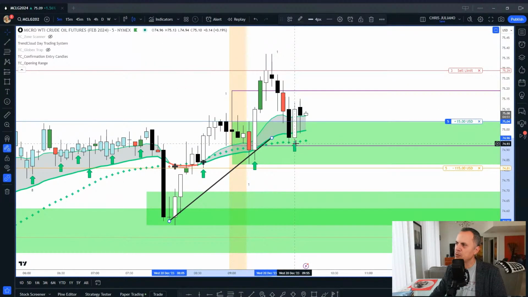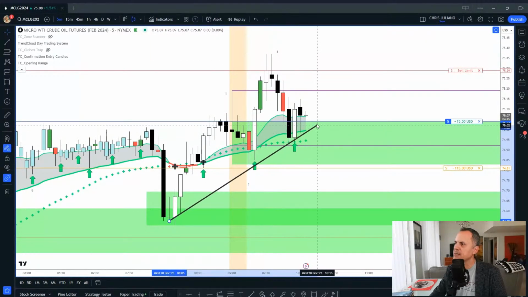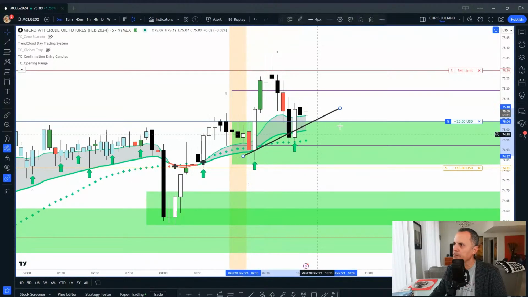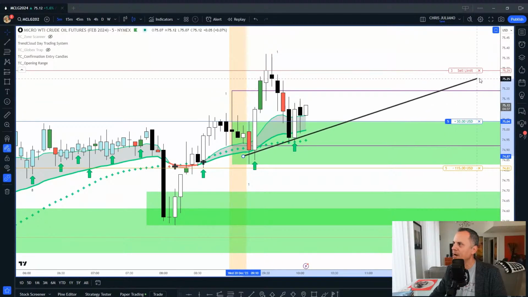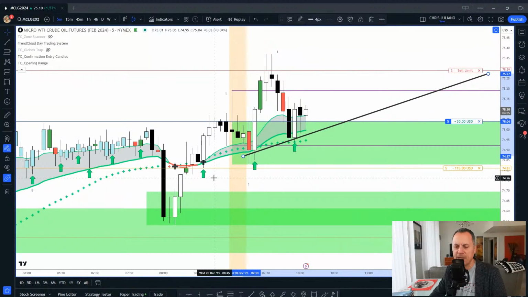We have this deep pullback. If this breaks through here, then we can connect these 2 candles. Okay, that's how you draw what I call a dynamic trend line. That's how you draw a dynamic trend line, by following the price action.